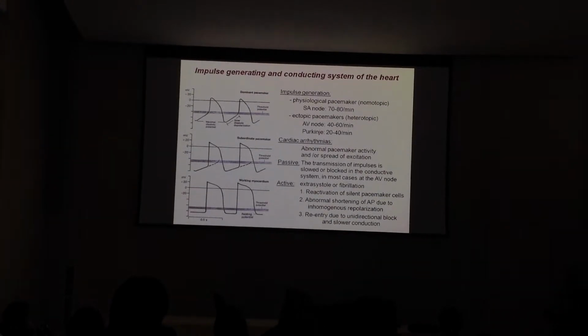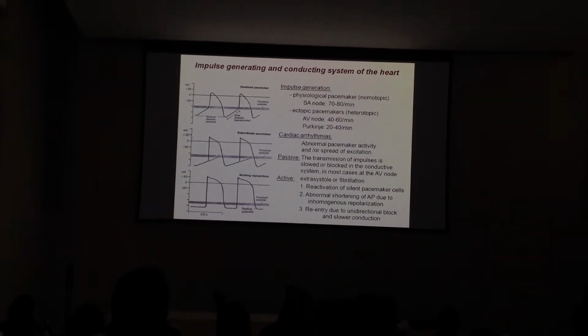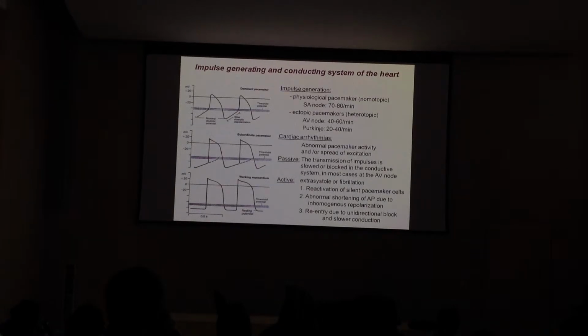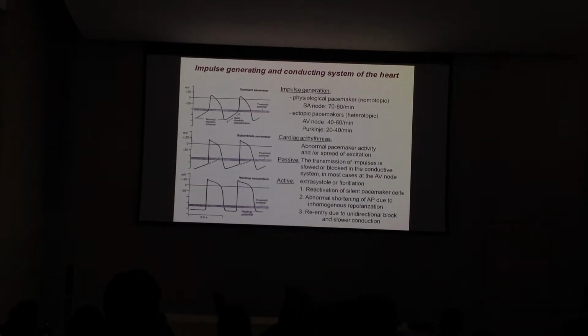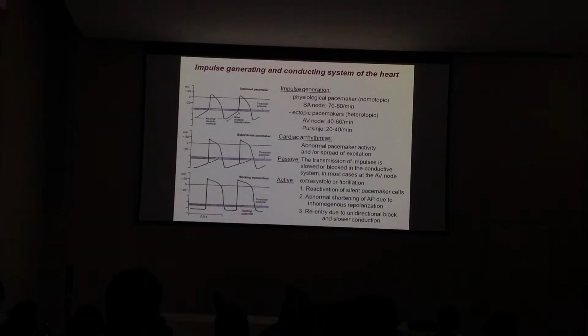Okay, but there are cases when this mechanism doesn't work, and different extrasystoles or fibrillation can occur. Too many action potentials are generated at the same time, and these are called cardiac arrhythmias.